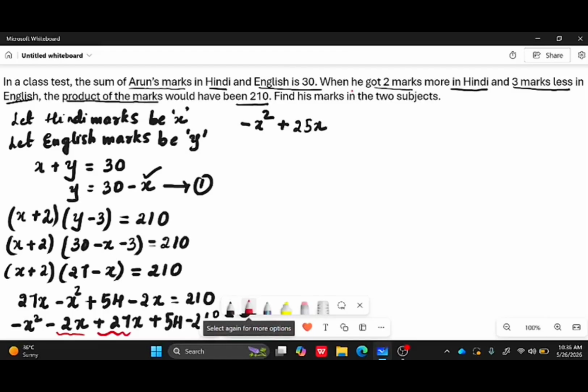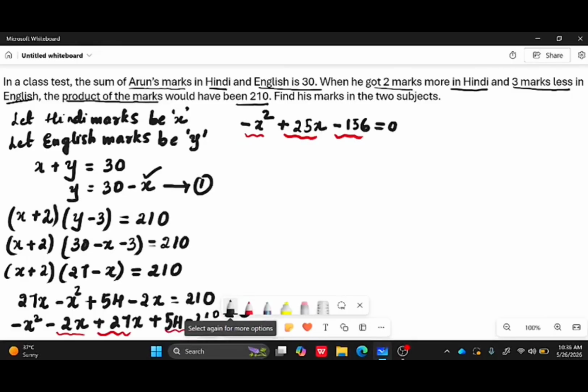Then plus 54 and minus 210 is minus 156, equals 0. So now you can see here the equation is minus x square plus 25x minus 156 equals 0.